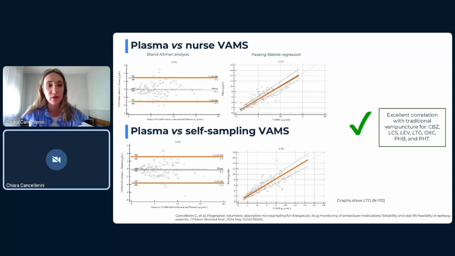The crucial part of our study was the lower section, because we also compared the venipuncture versus the patient's self-sampling. So even when the patients perform the finger prick entirely by themselves, the results remain robust. The mean bias was close to zero, and the regression line proved that the self-collection was as accurate as the one collected by the nurse.